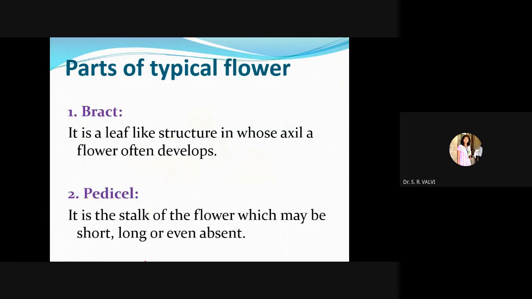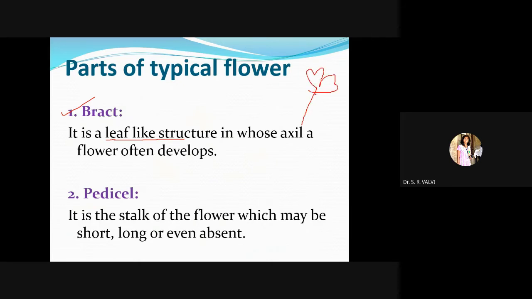Next, the parts of a typical flower again. The first one is bract. Earlier we discussed bract in the case of inflorescence. It is a leaf-like structure in whose axil a flower often develops. So here, this is the pedicel and suppose this is our flower.